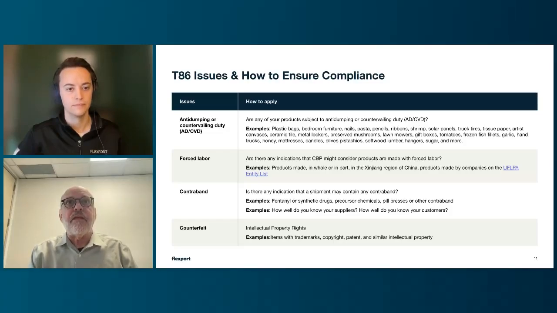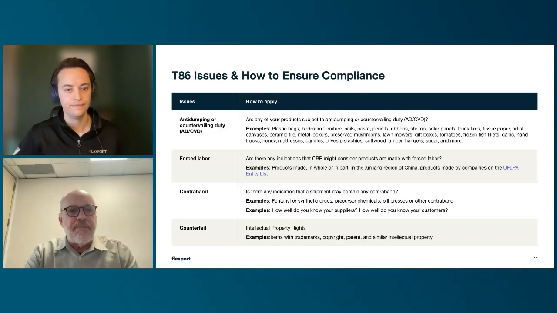So what types of products are subject to anti-dumping and countervailing duties that we see through the Type 86 imports that we're doing, and what are we counseling our clients to not import under the Type 86 program? Marcus, can you share some examples?